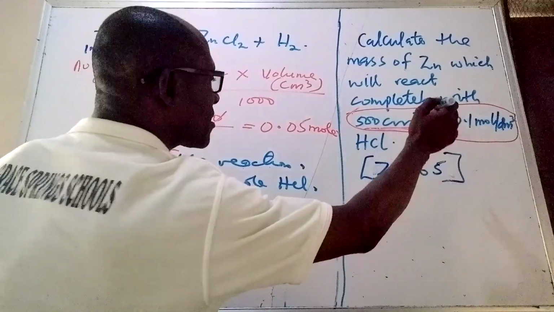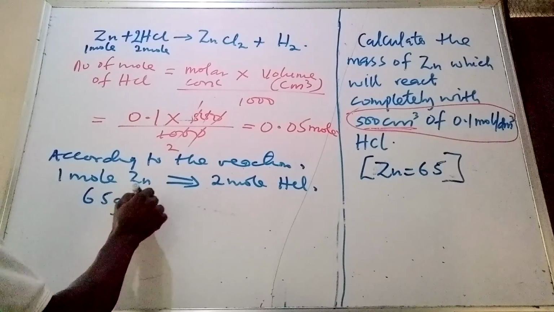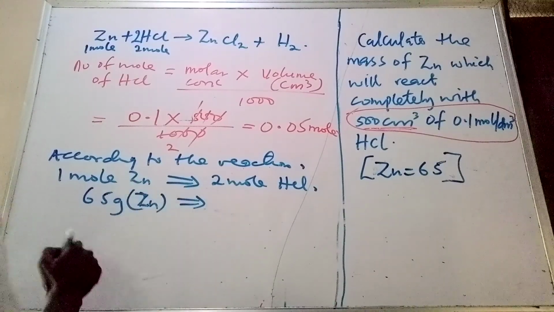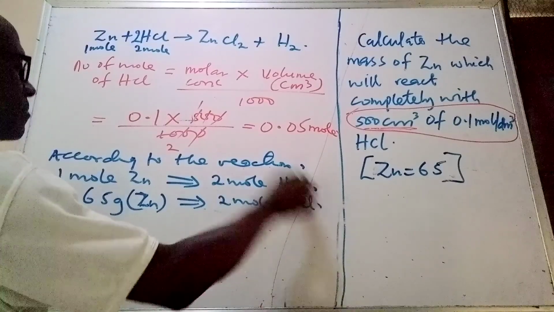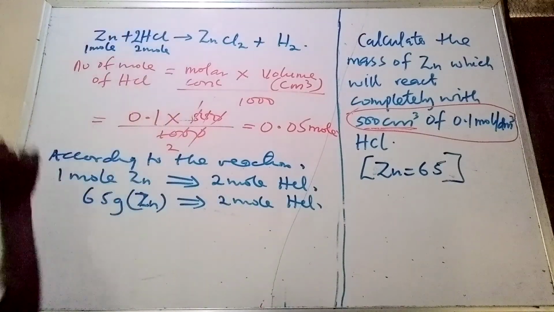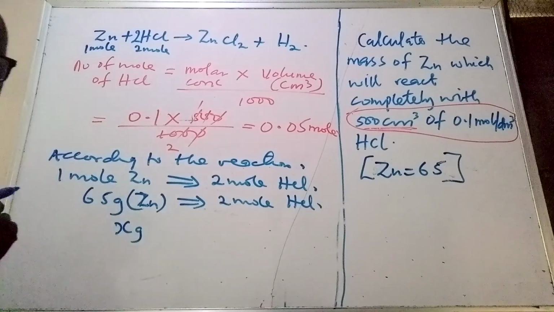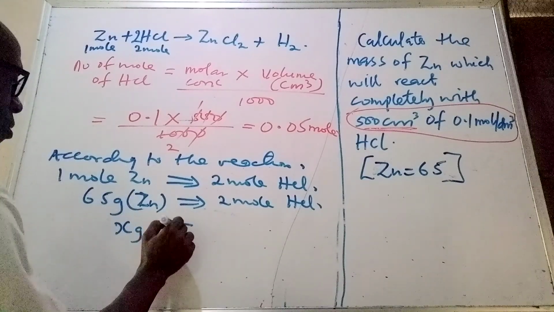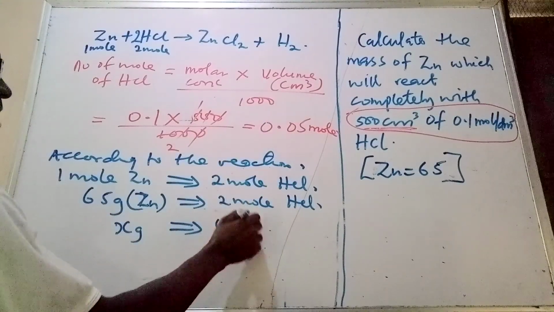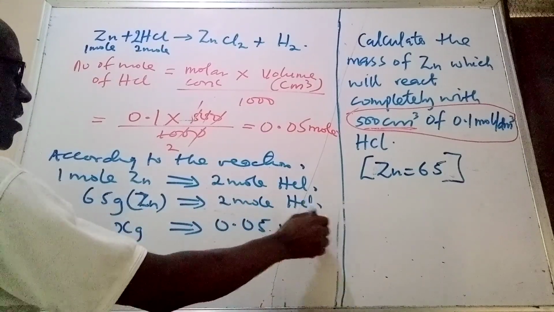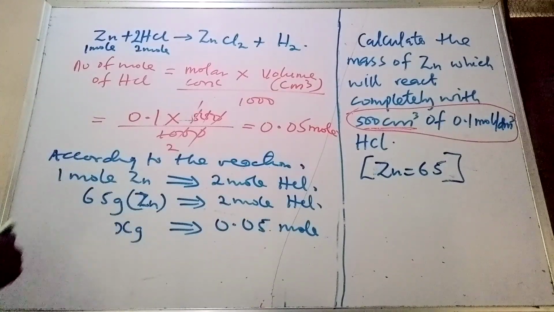So that means 65 grams zinc reacts with 2 moles HCl according to this reaction. But let's say X grams of zinc, which we are looking for, will react with what? 0.05 mole HCl, because this is the mole that will produce the mass we are looking for.